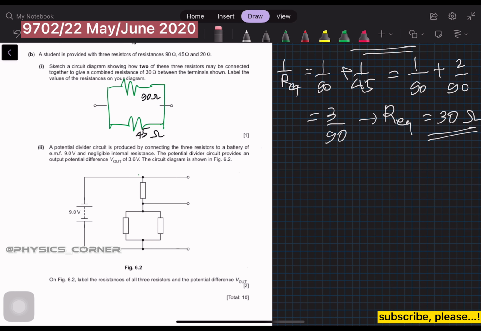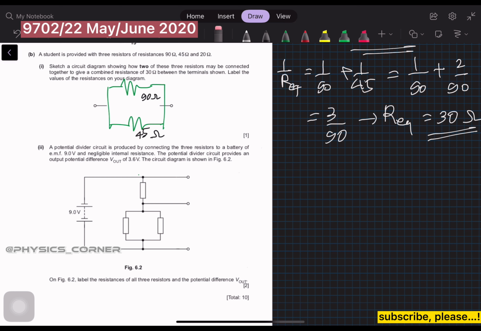Okay, still one more question. A potential divider circuit is produced by connecting the three resistors to a battery of EMF 9.0 volts and negligible internal resistance. The potential divider circuit provides an output potential difference V output of 3.6 volts. The circuit diagram is shown in figure 6.2.